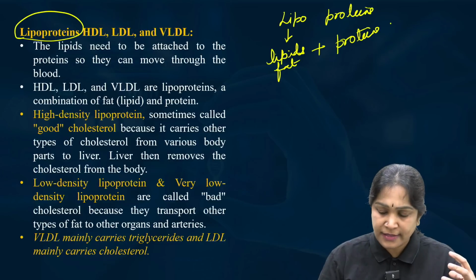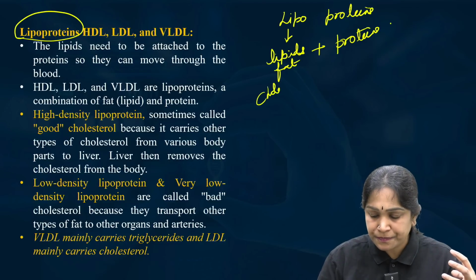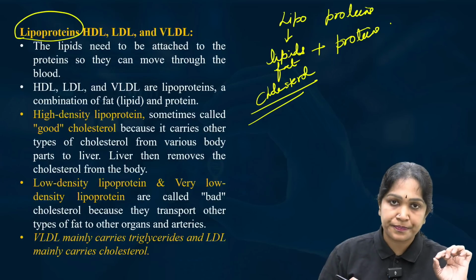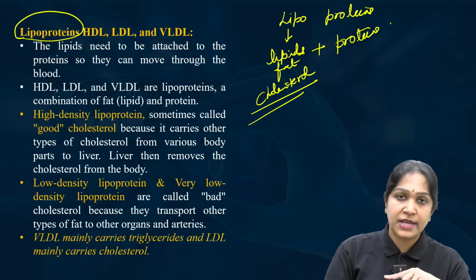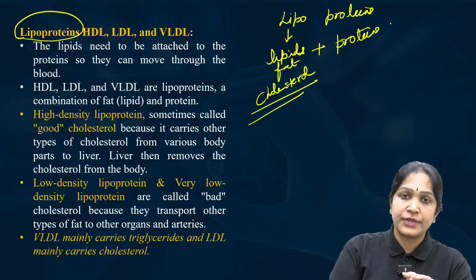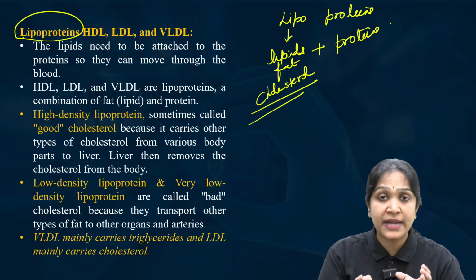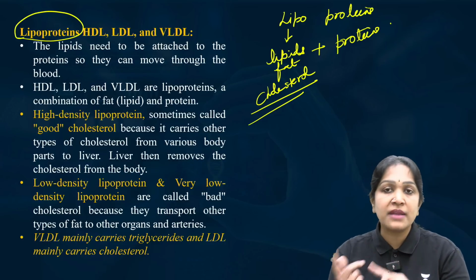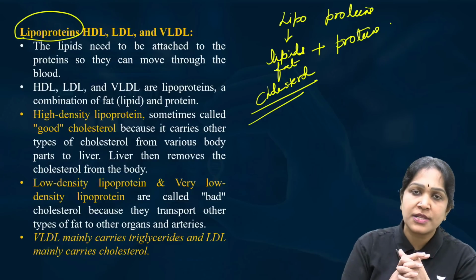It means fat, that is the cholesterol. Okay, which fat? Cholesterol will combine with the proteins to form lipoproteins. I repeat, which fat? Cholesterol will combine with the proteins to form the lipoproteins.